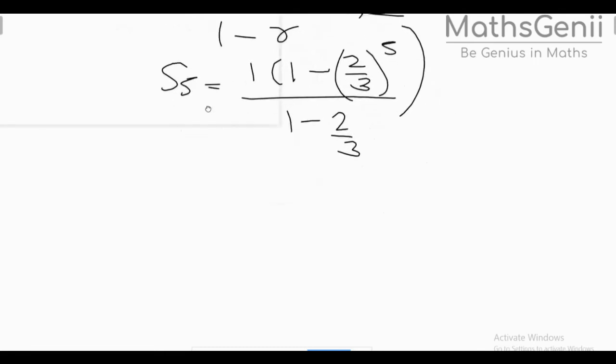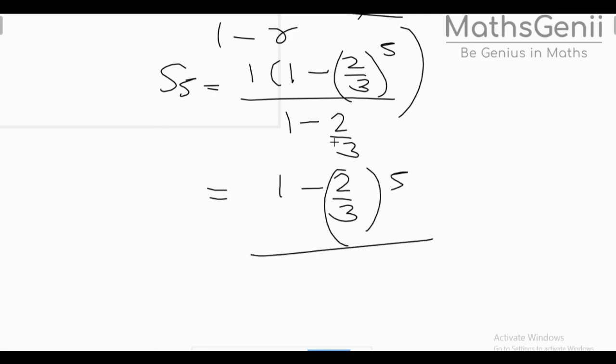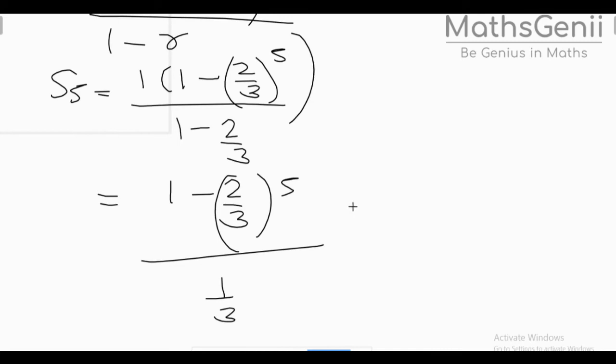Okay, let's just solve this and you will have your answer already. Okay, so now anything into 1 is 1 itself. 3 minus 2, 1. 1 upon 3. This upon 3 will go up and become 3, correct?